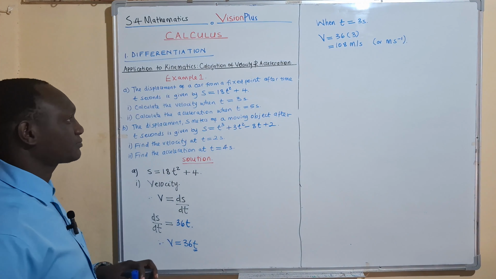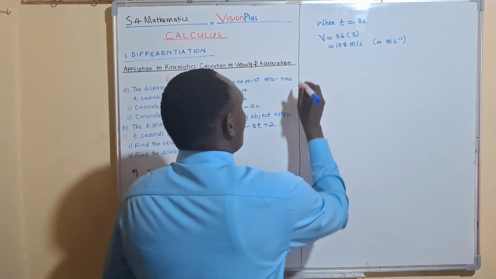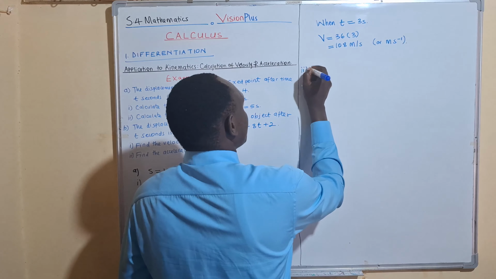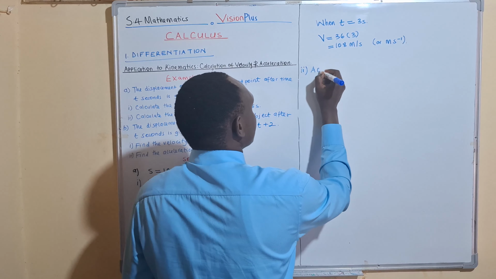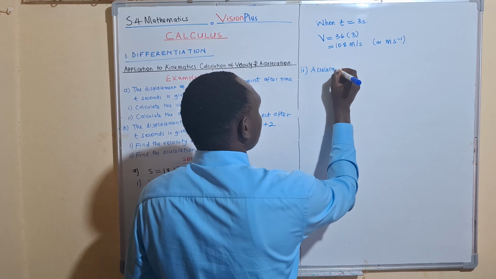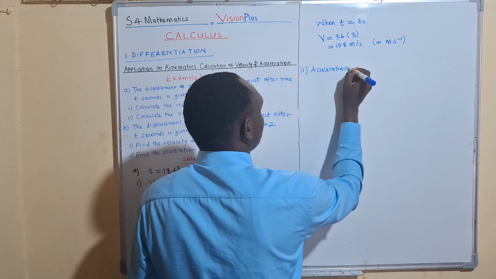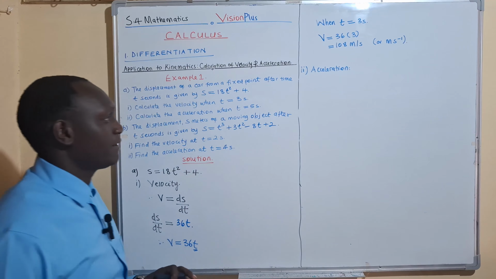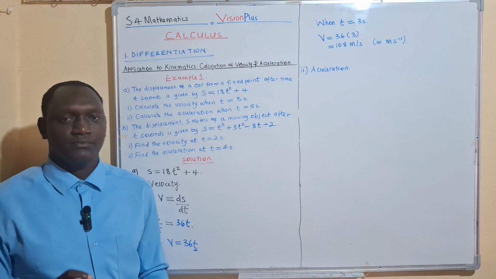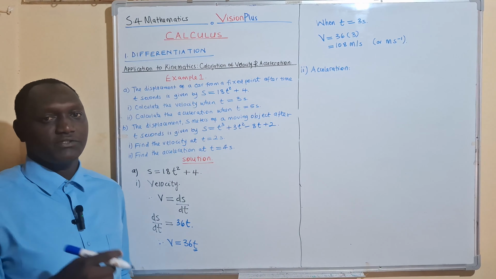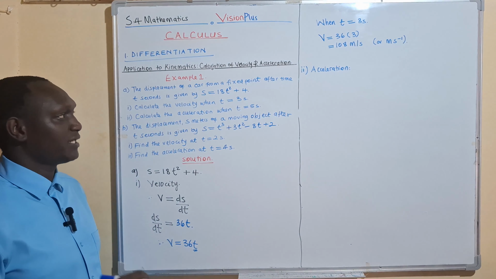Now going to part Roman 2. Roman 2 is asking us to calculate the acceleration. Now, what is acceleration? Acceleration is the rate of change of velocity with time.